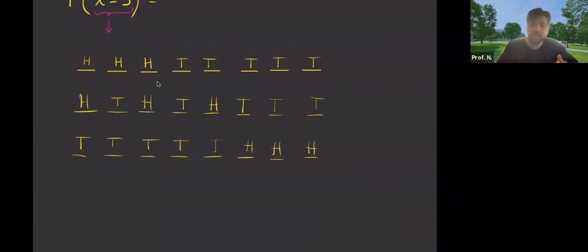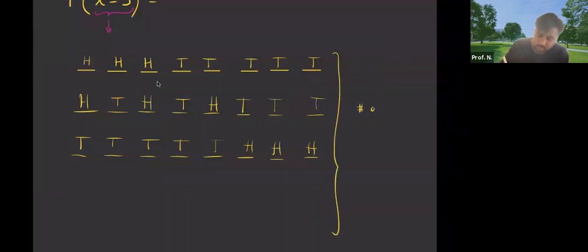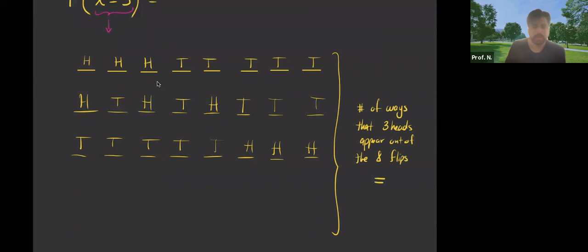I care about how many there are. So I care about the number of ways that 3 heads appear out of the 8 flips. And in order to count all of that, I have to do the following. And this is what we've done with counting, right? With combinations in particular, the binomial coefficient.